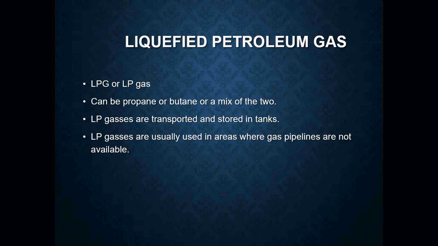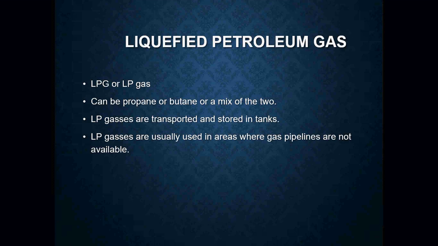Liquefied petroleum, better known as LP gas, can be propane or butane or a mixture of the two. LP gases are transported and stored in tanks, and are usually used in areas where gas lines are not available. When you're driving around looking at neighborhoods, if you see big white cylinders on the side of the house, those are propane cylinders.